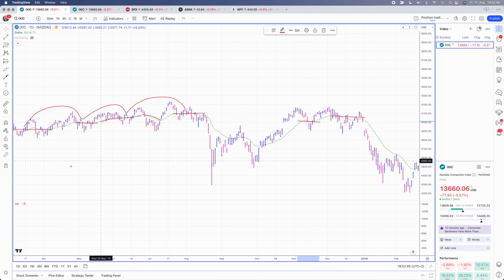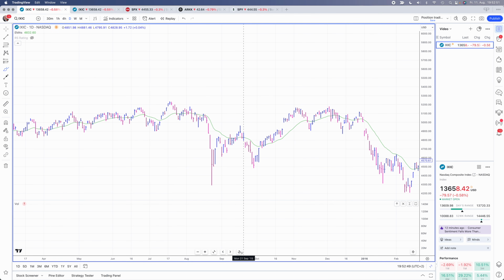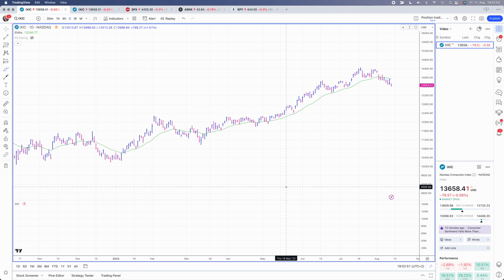So to sum it up again, you can have a very simple timing indicator for the stock market if you look at the moving average 21 with the Nasdaq Composite together. If the price is clearly above the moving average 21, you should look for new long trades. That means to buy anything.